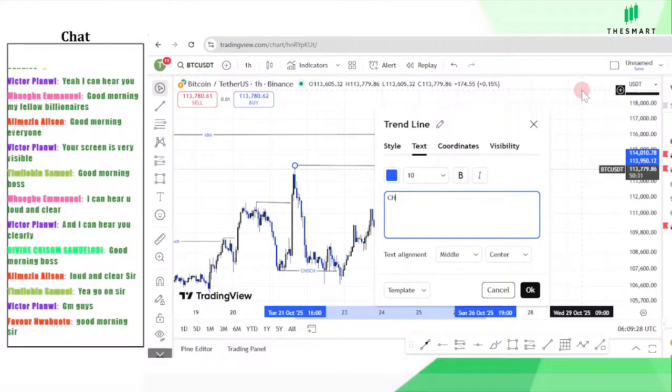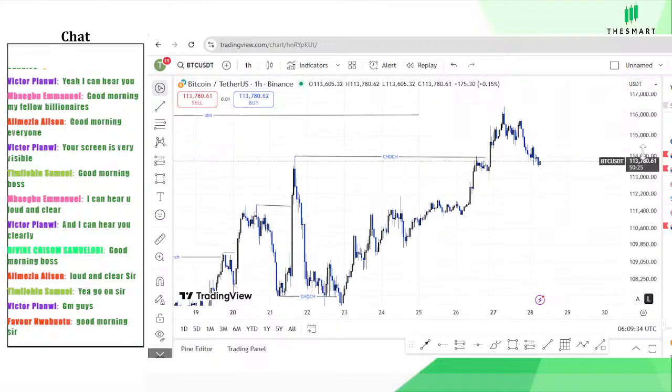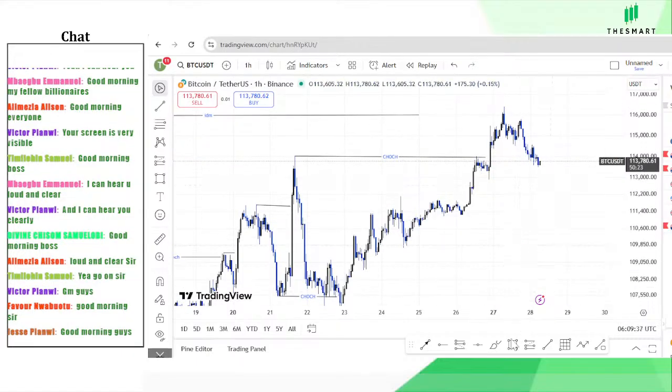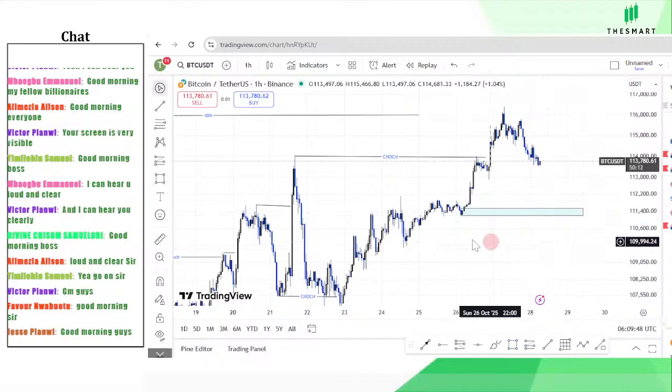At this point, we had another change of character to the upside. So where is our other block we want to look for a possible trade from? We want to see this market retrace all the way to this point. So on Bitcoin, this is our inducement level.